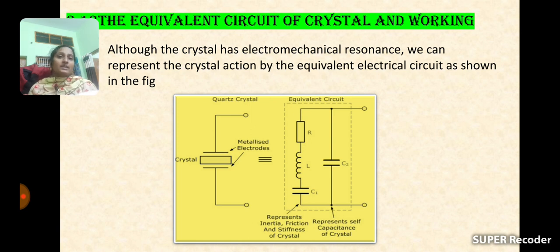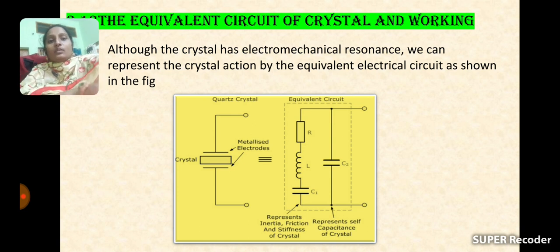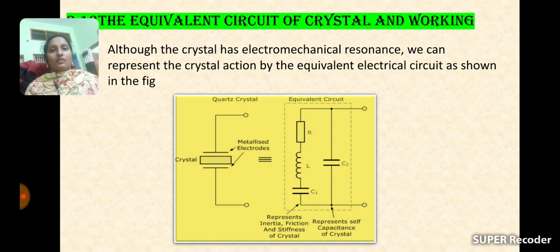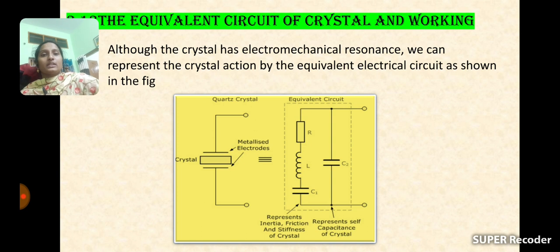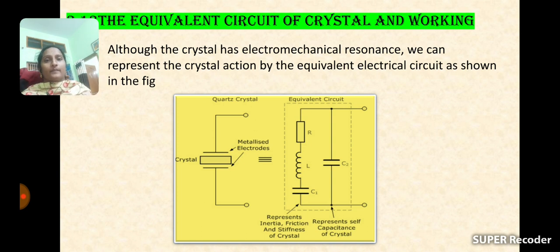What is the principle used in the tank circuit here? We are using a quartz crystal, and the quartz crystal principle is the piezoelectric effect.